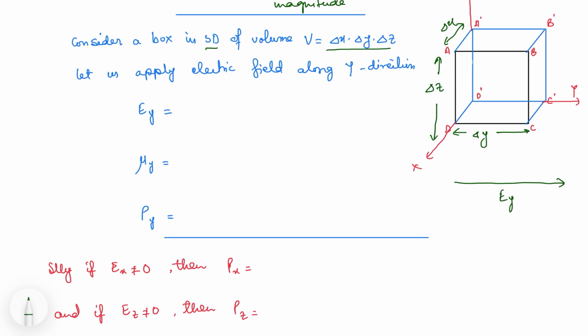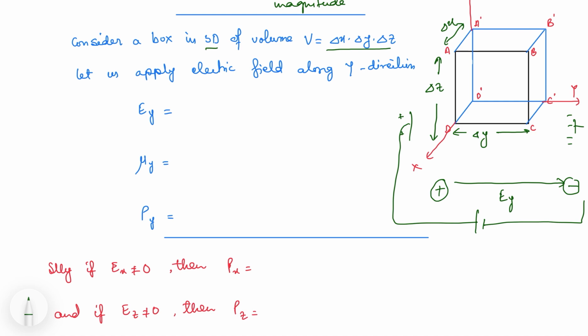And we know the electric field moves from the positive side to the negative side. If it is moving left to right, definitely the left side should be positive and the right side should be negative. Maybe we have connected a battery on the left or right side of this. So the left side is positive, the right side is negative, and the electric field is moving from left to right.